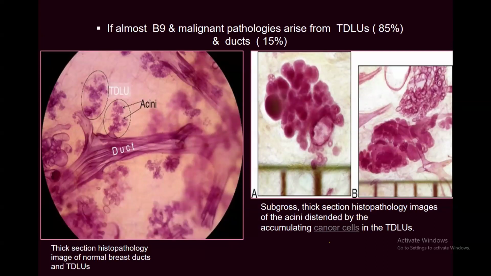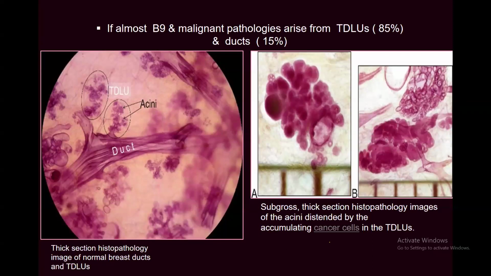And this again, it is yours, but this histopathology image of a normal duct, and these are lobules here. This is our acini, and like a tree, you see. Can you hear me?